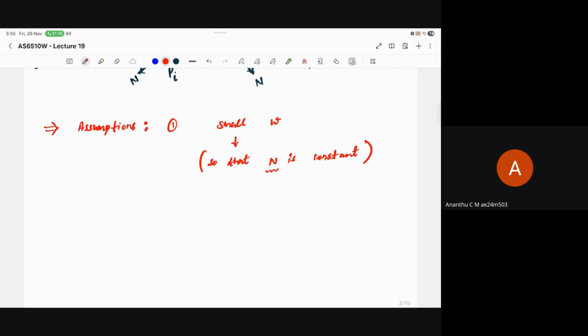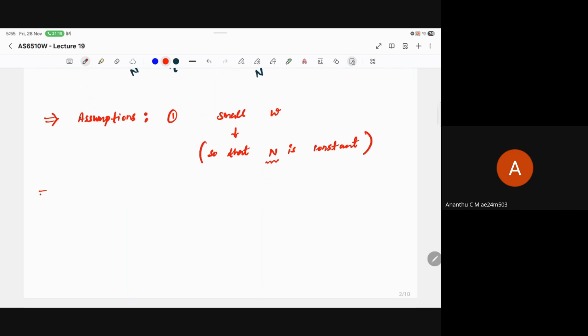Okay. Now we will consider equilibrium of a small element, or component, of the membrane.